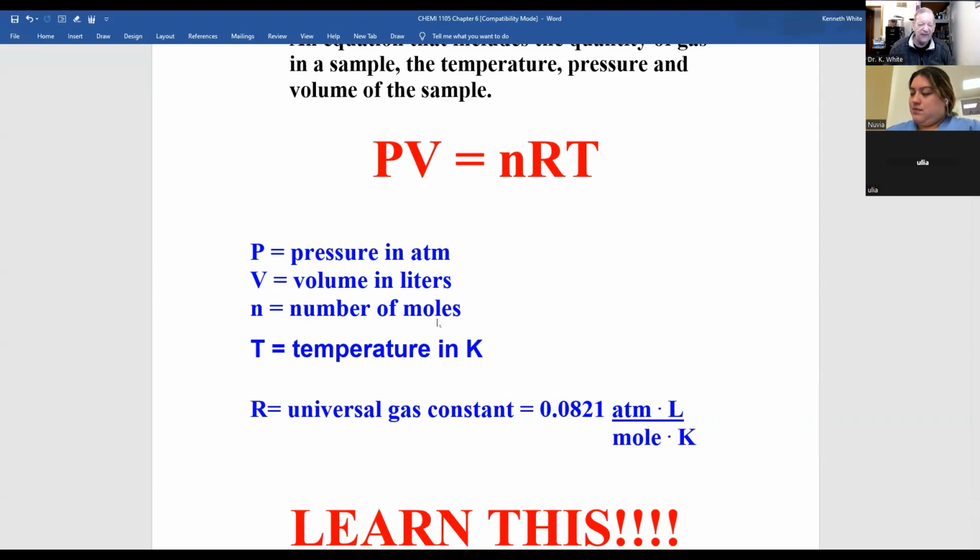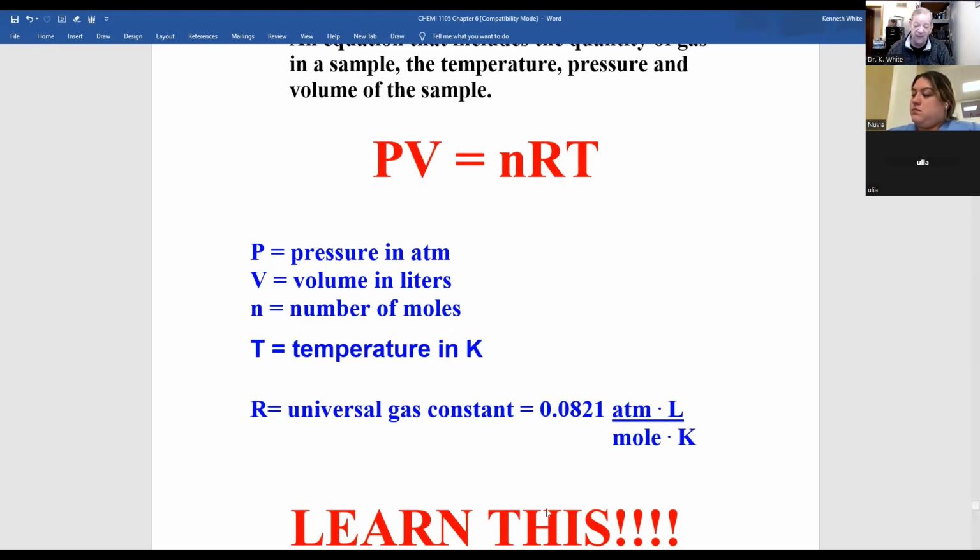You'll need that. And T is temperature in Kelvin, but you'll always be given degrees C, Celsius, and remember, Kelvin is degrees C plus 273. And R is the universal gas law constant, always the same, 0.0821 atmospheres liter per mole K.